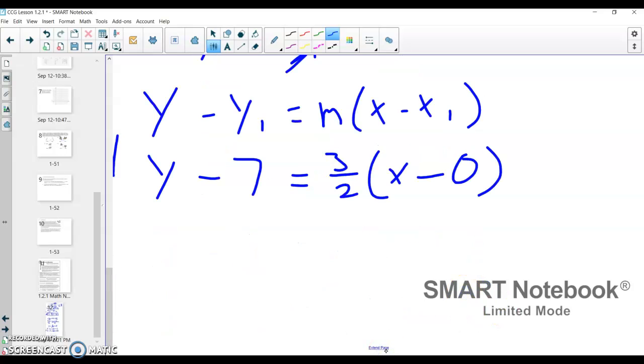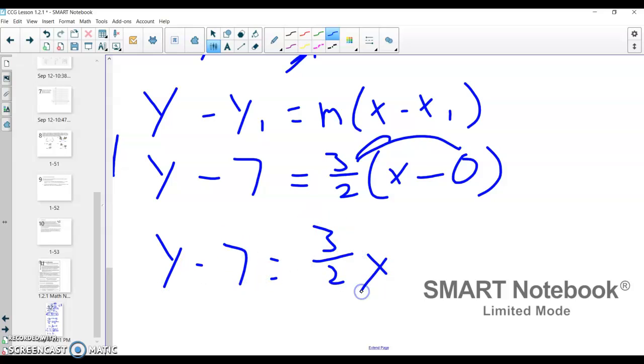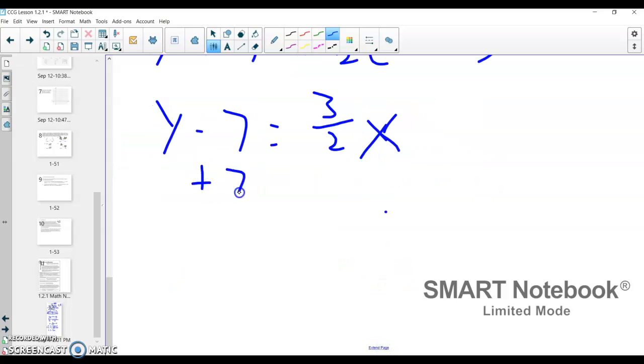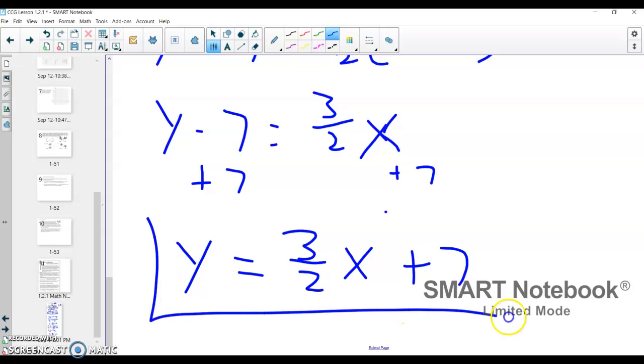Again, we distribute the 3/2. You get y minus 7 equals 3/2x, and 3/2 times 0 is 0, so we're good right there. Last thing we have to do is add 7 over, and our answer, the line that goes through that point and is parallel, is y equals 3/2x plus 7.